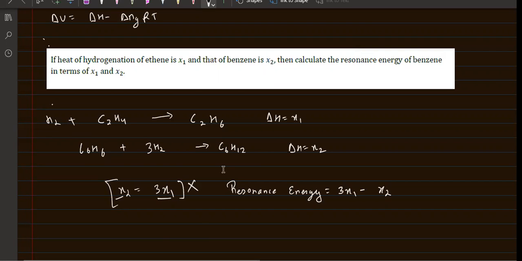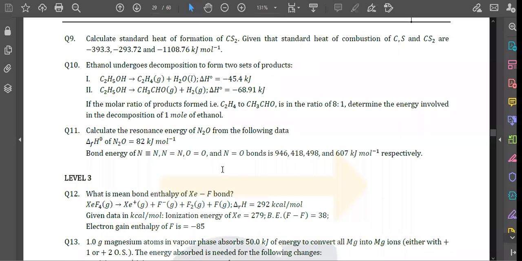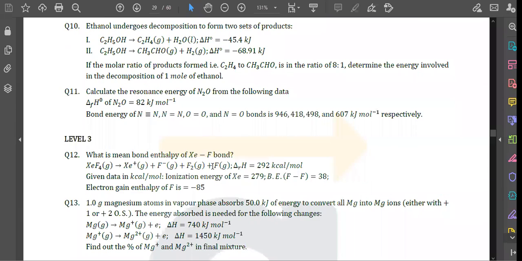So, question number 11. If you have any doubt, please ask. Don't shy away from asking doubts. If you have a doubt in every question, please ask every question. But you have to try it at least. See the problems, see the examples, go through the lectures and try to solve.